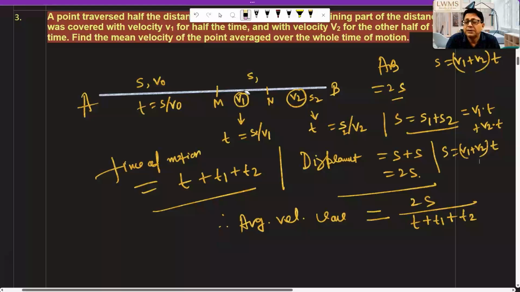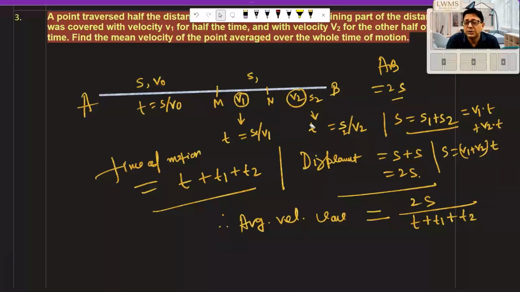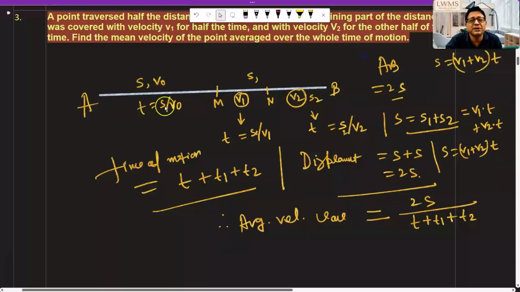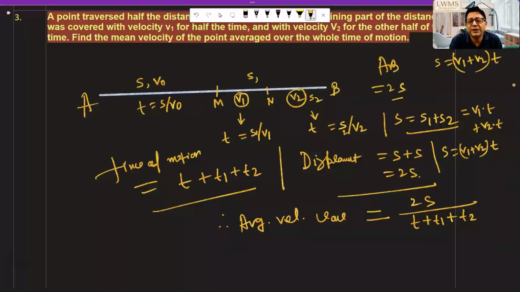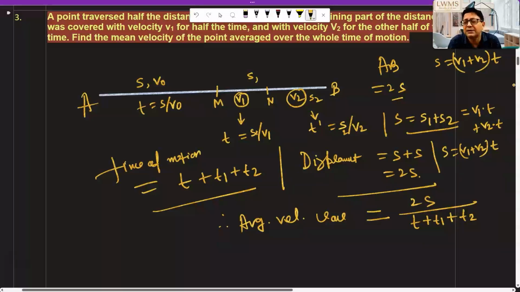Now t means the total time here, but this t and this t will be different. They are not the same t. So here you keep it as t dashed, t dashed.